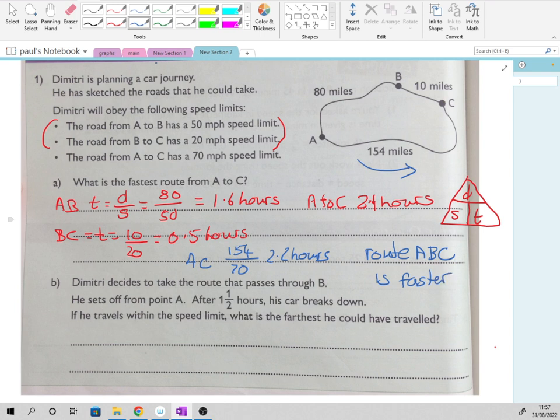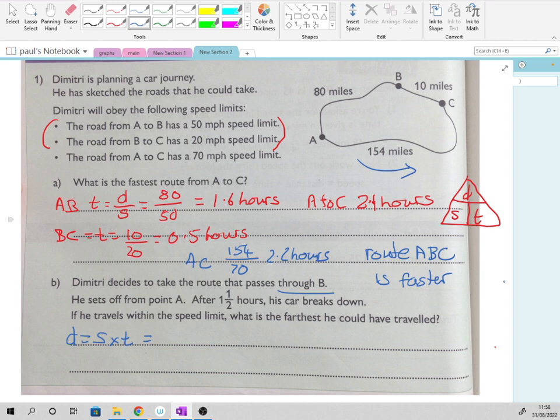Right. Now, Dimitri decided to take the route that passes through B. Oh, now he tells us, yeah? Now, he sets off from point A, and after 1.5 hours, his car breaks down. If he travels within the speed limit, what's the farthest he could have travelled? So we need distance. The distance equals the speed times the time.